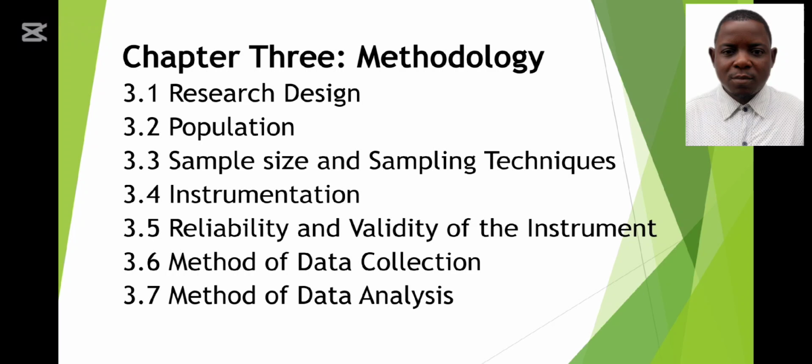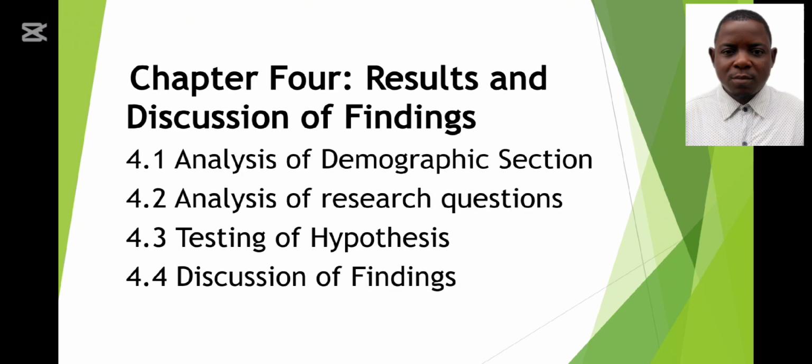So we have chapter 4, and chapter 4 is called results and discussion of findings, under which we have 4.1 analysis of demographic section, 4.2 analysis of research questions, 4.3 testing of hypothesis, and 4.4 discussion of findings.